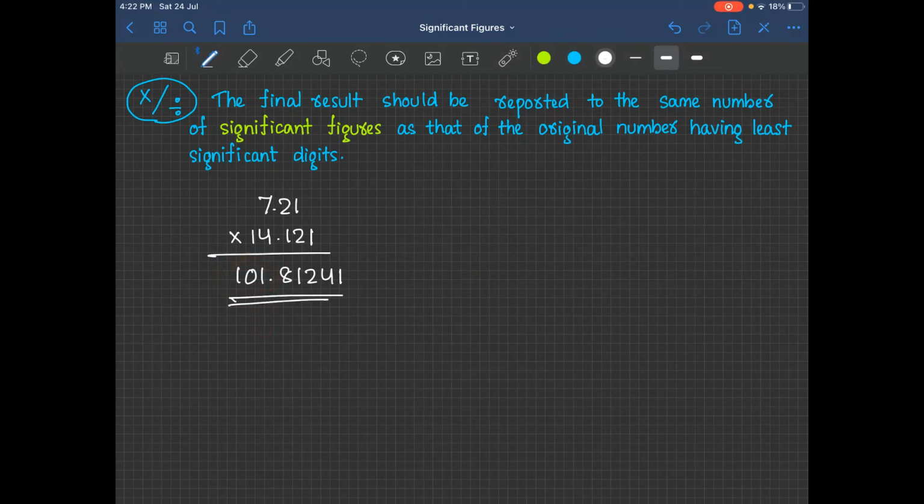So if we round it off up to this number, we are getting 102. So this is our answer here. Our answer is approximately 102. So this is all the rules that we need to know for our JEE or NEET related to significant digits.